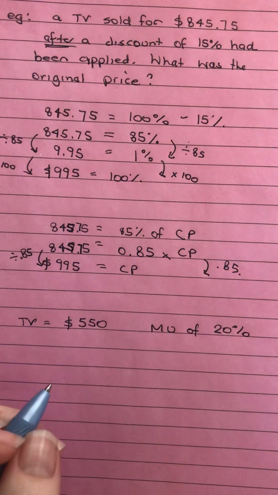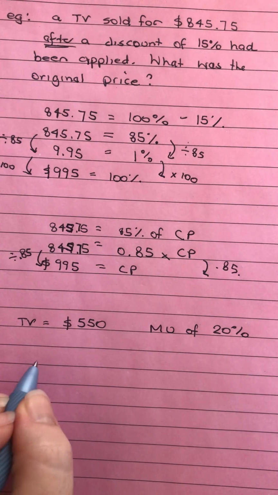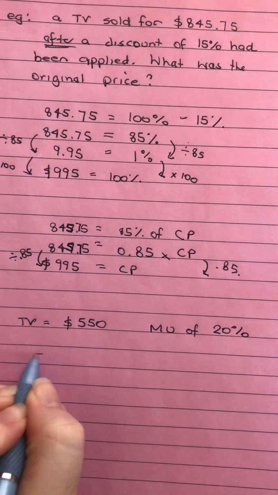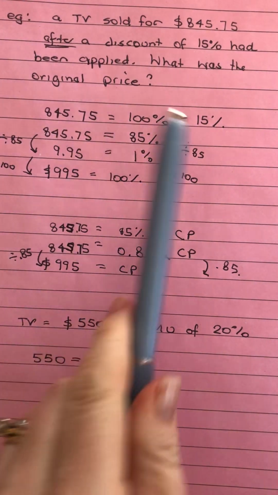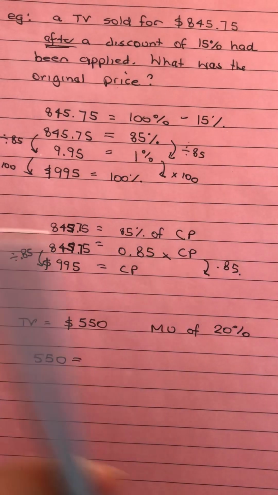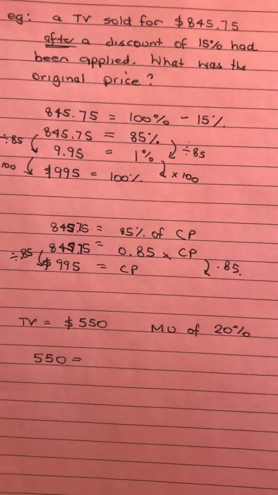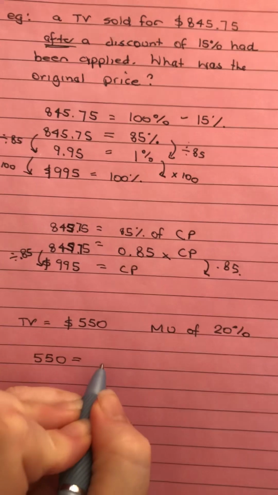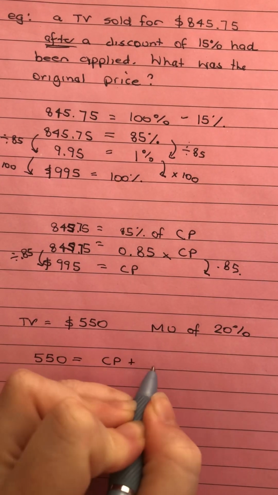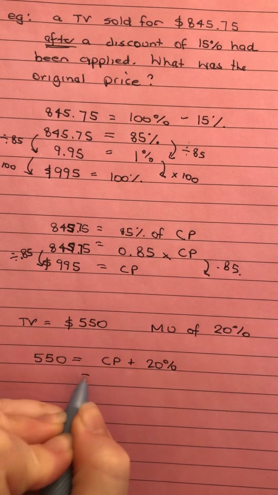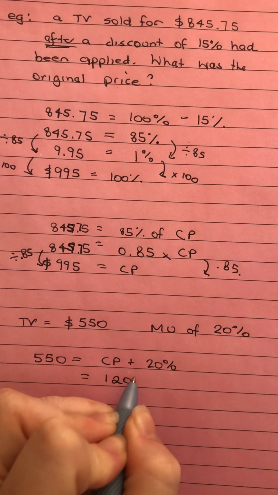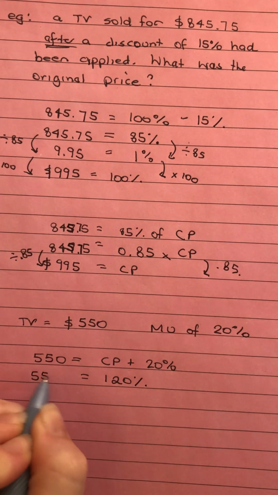So we would go through that same process again here, but instead of taking away that percentage, we would actually be adding it on. So we would be saying it's the cost price plus 20%. So then we would have 120% there.